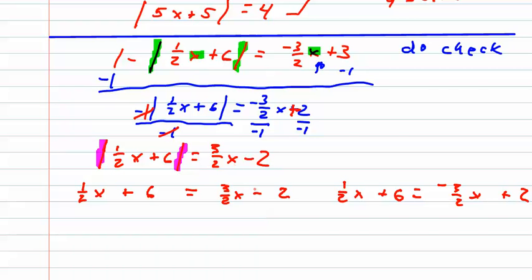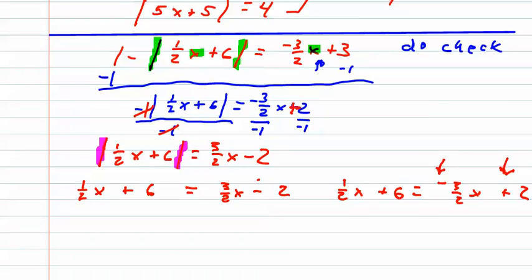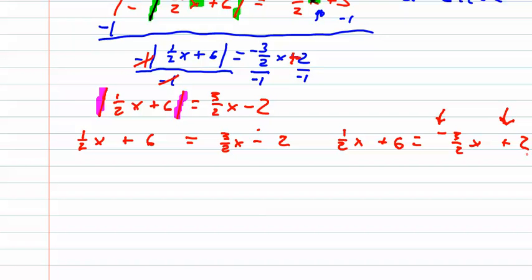Notice that this positive became a negative, and this negative here became a positive. All right? The signs change. Now I need to solve. I'm going to do the first step, and then we're going to do the check. We're going to do some magic.